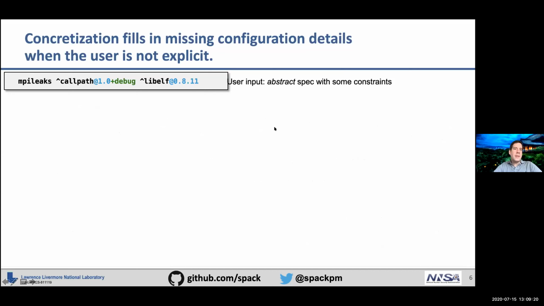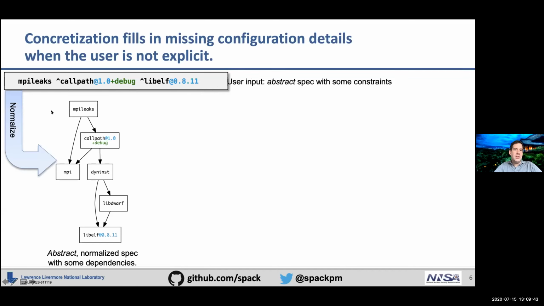Sort of the core of Spack, and something that I'll talk about later, is called the concretizer. This is how we do dependency resolution. It's how we go from this syntax here, MPI leaks depends on call path at version 1.0 with the debug option, and depends on libelf at 0.8.11, to a concrete installation. So the user gives you this, and they say spack install mpileaks, blah, blah. And what we do is we turn that into an abstract graph.